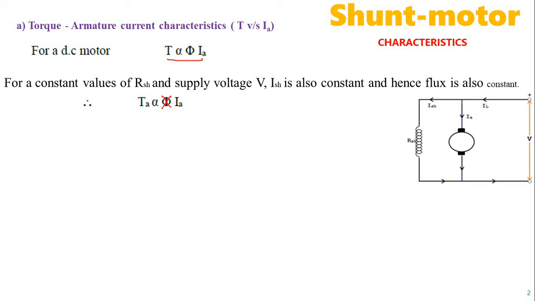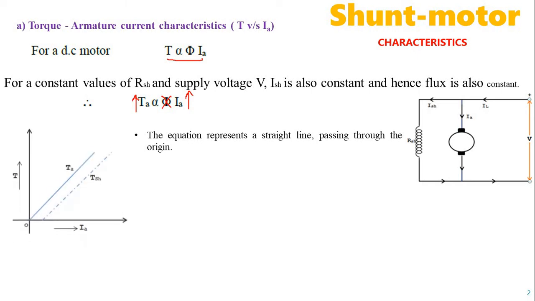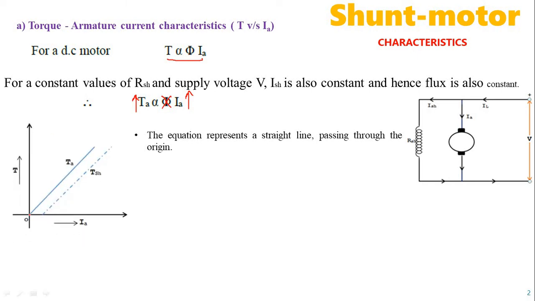So if armature current increases, torque also increases, and it produces a straight line from origin. Just look at the graph now. Armature torque produces a straight line from origin.